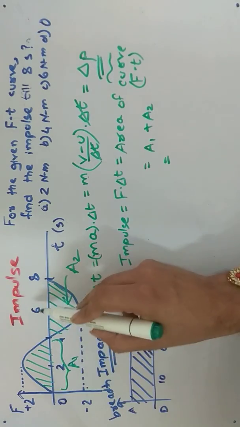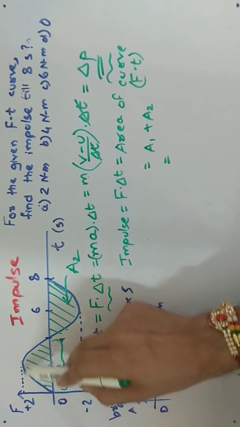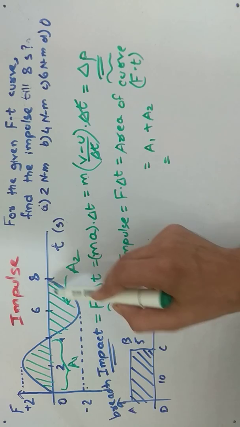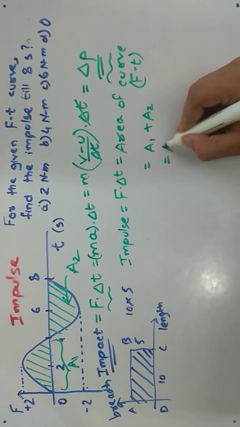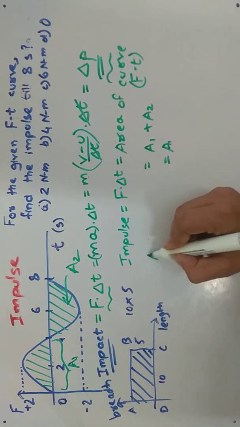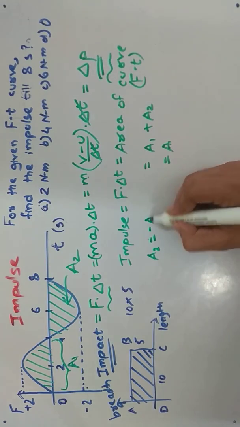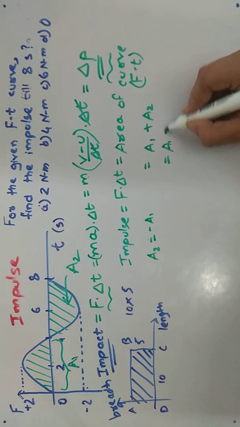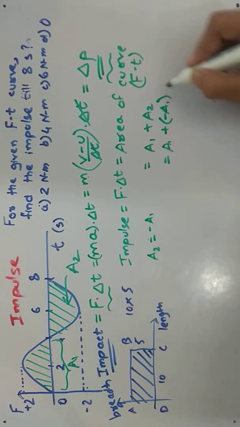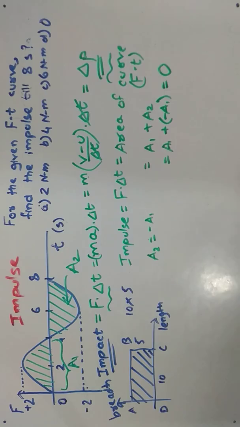Since it's a sinusoidal curve, A1 and A2 should be equal, but A2 is opposite, so therefore this will be minus. What we were trying to say is that A2 is minus of A1. So A1 plus minus A1 is 0. So the answer in this case is 0. This was a very basic problem.